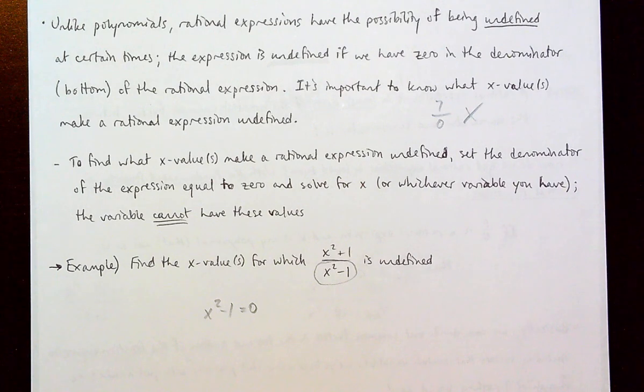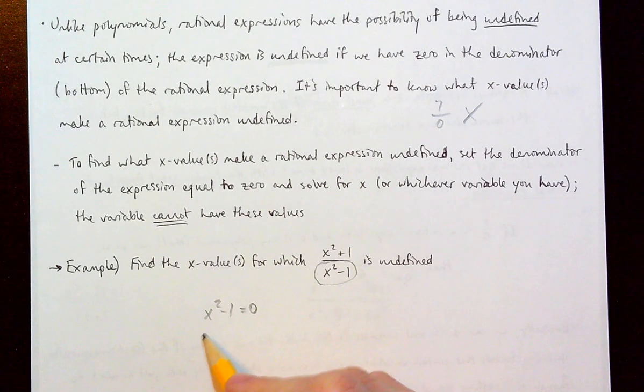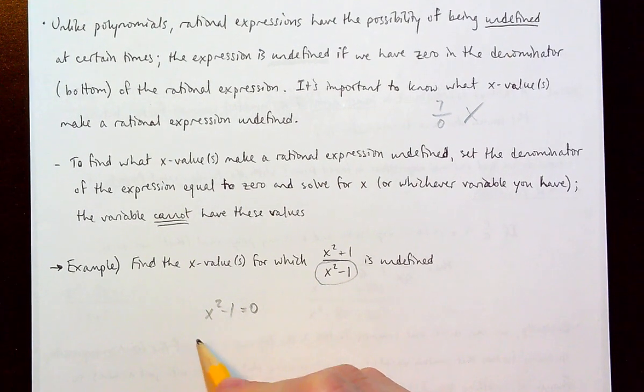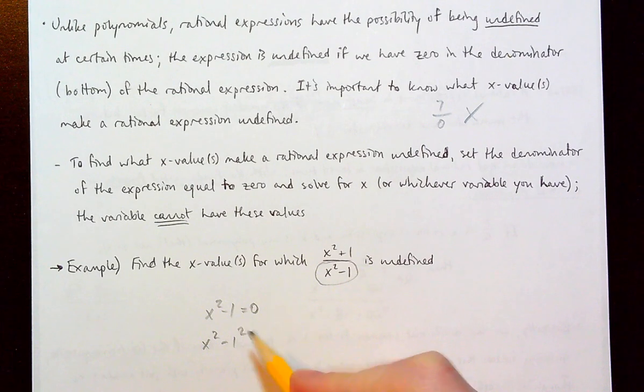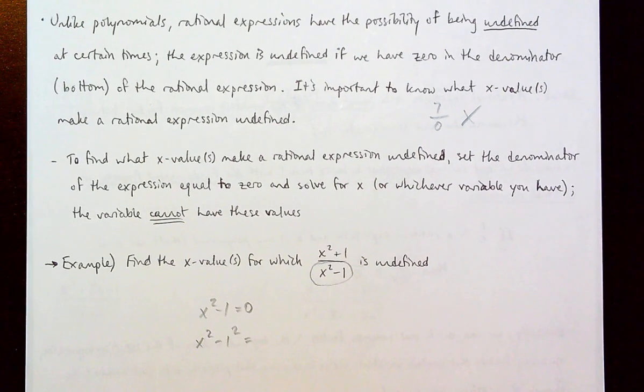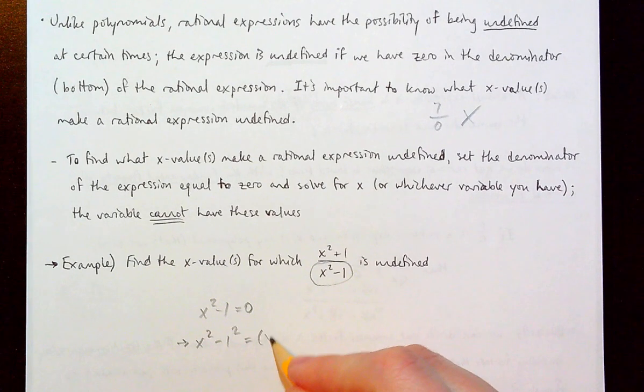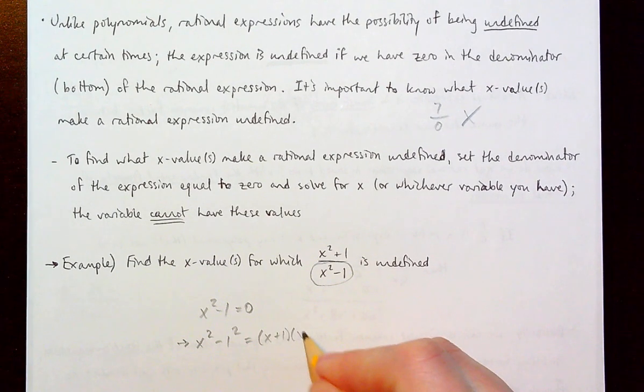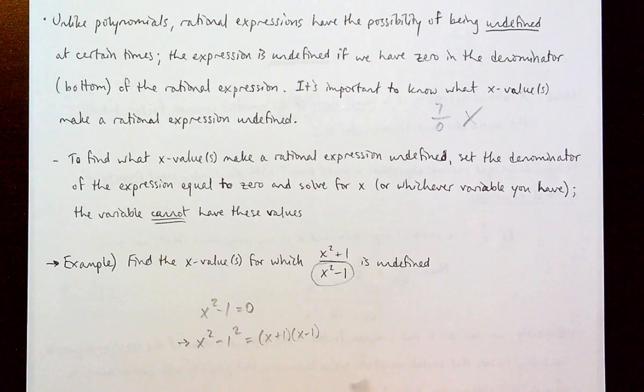If you think back to some of our factoring techniques from chapter 5, this is a difference of two perfect squares. X squared is obviously x squared, and 1 is 1 squared. So by the difference of two perfect squares, this factors into x plus 1 and x minus 1.